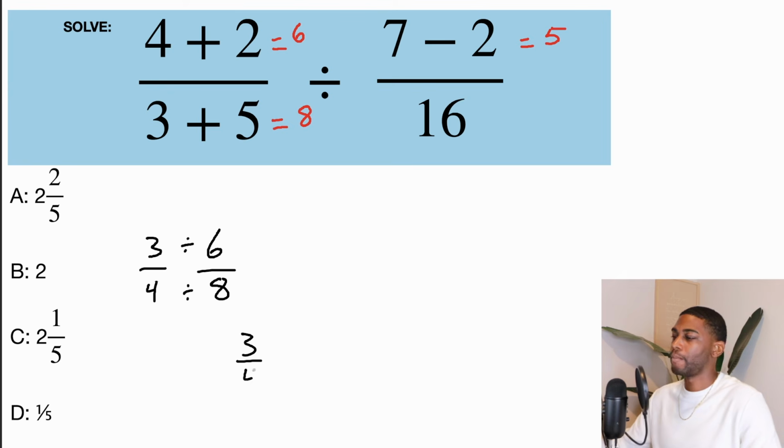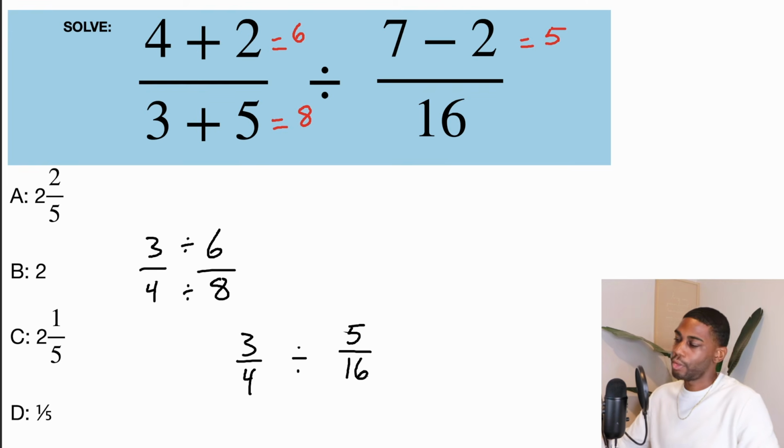Okay, so however we want to do it, if we want to go ahead and do 3 over 4 on this side, and then we multiply by the reciprocal. So I think I'm getting ahead of myself actually. All right, so instead of this, let me go ahead and just write it as it is so I don't confuse anybody, right? So we drop this division sign down on this side, and then we have the fraction of 5 over 16.